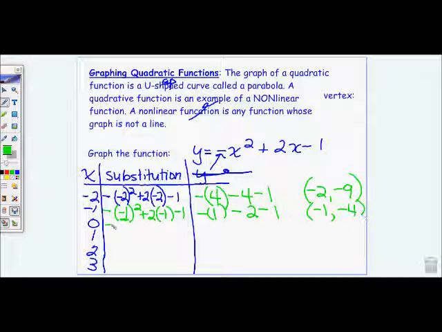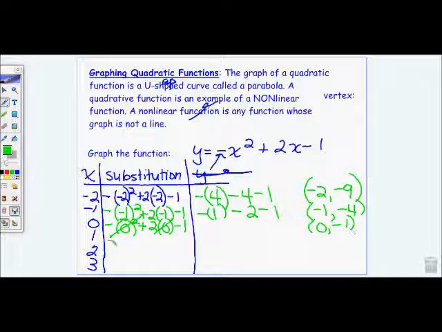0, we like that one again because that doesn't matter for squaring it, and it doesn't matter for integer signs. So this is going to cross out, this is going to cross out, and our answer is going to be negative 1. So 0, negative 1. All right, let's put 1 in there.